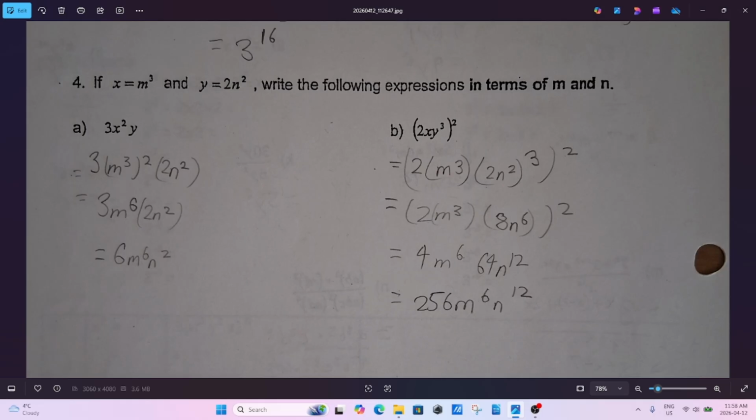Same thing with 4b, just sub in m cubed and 2n squared into the expression, and then you use your exponent laws to simplify the exponents, and so you get 256 m^6 n^12.